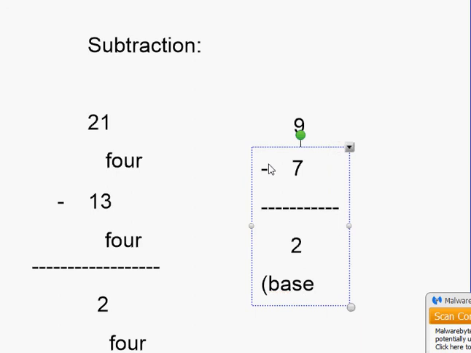So we convert 6 to its numerals in base 4, 1, 2. Hence, we write down the 2 and carry the 1. 3 times 1 is 3, plus the 1 is 4. 4 is not a digit in base 4, so this becomes 1, 0 in base 4. Hence, the answer is 102 base 4.